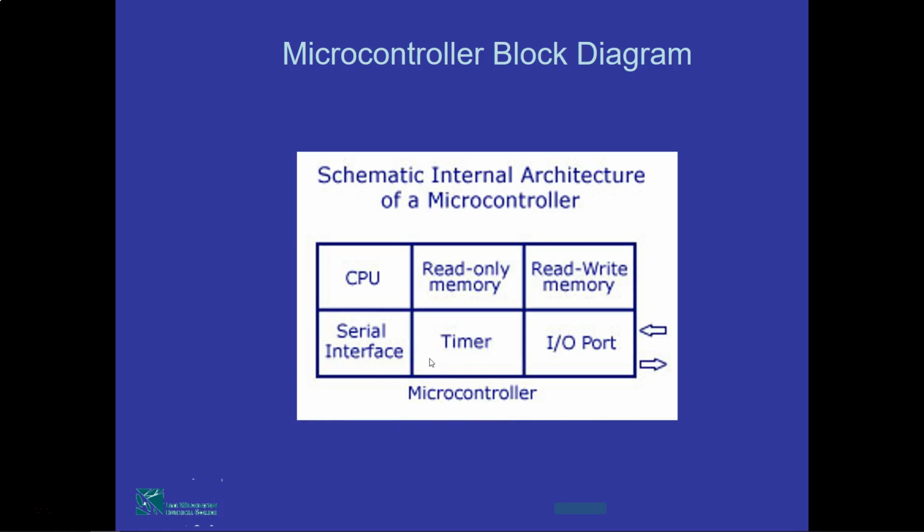It has a watchdog timer, and it can do pulse width modulation. It can convert analog to digital and digital to analog. It has a parallel input-output interface, and it can communicate serial data asynchronously and synchronously. And there are many other devices which can be connected to the microcontroller.